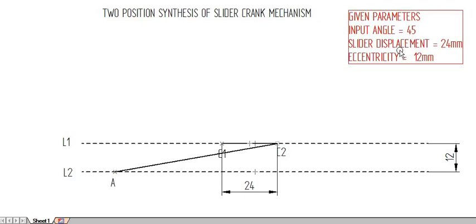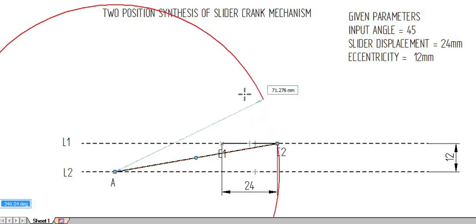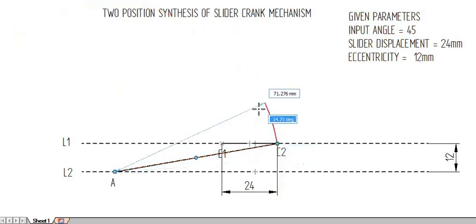After that, the input angle is 45 degrees. So we are drawing an arc with center A and radius AC2 at an angle of 45 degrees.